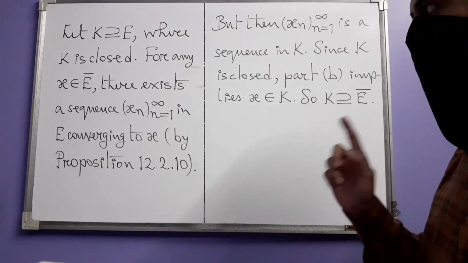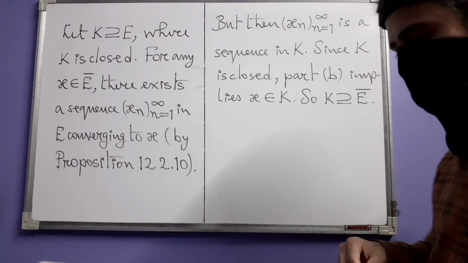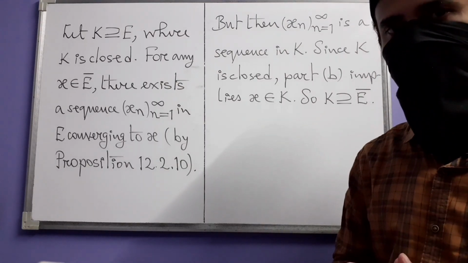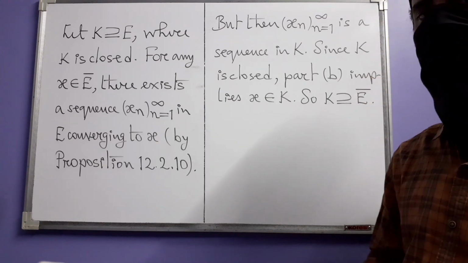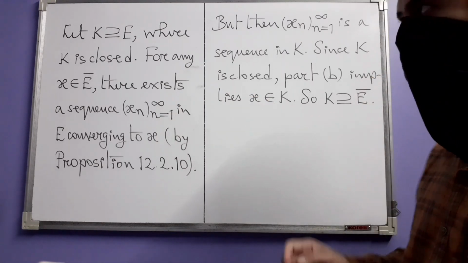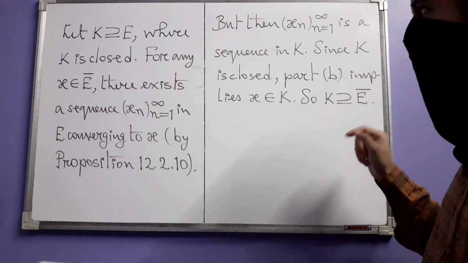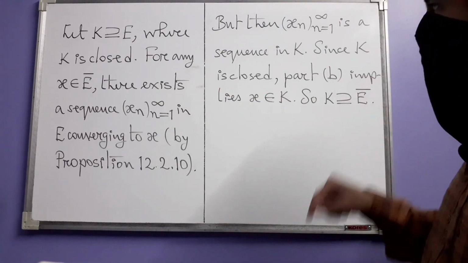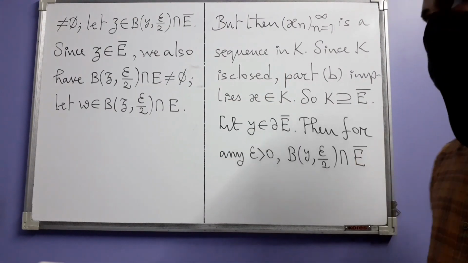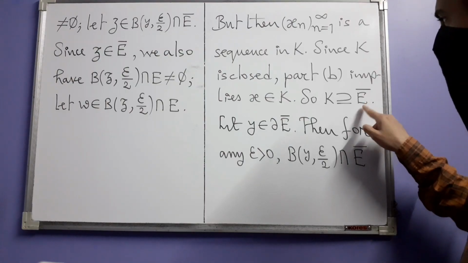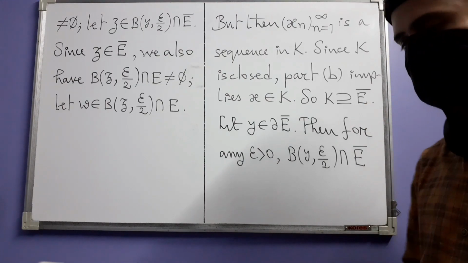But now there is one more thing that we have to prove, namely that E closure is itself a closed set. If we manage to show that, then it will be the smallest closed set containing E, because not only will it be closed, but it will also be contained inside every closed set that contains E. So next, our focus is on showing that E closure is a closed set, and we are going to apply the definition itself.